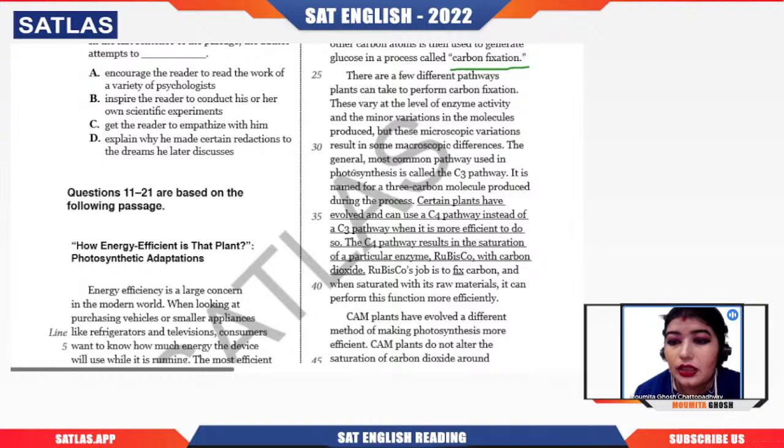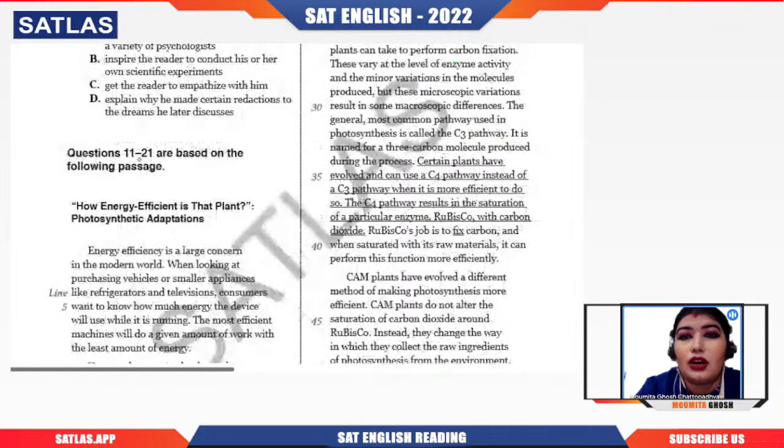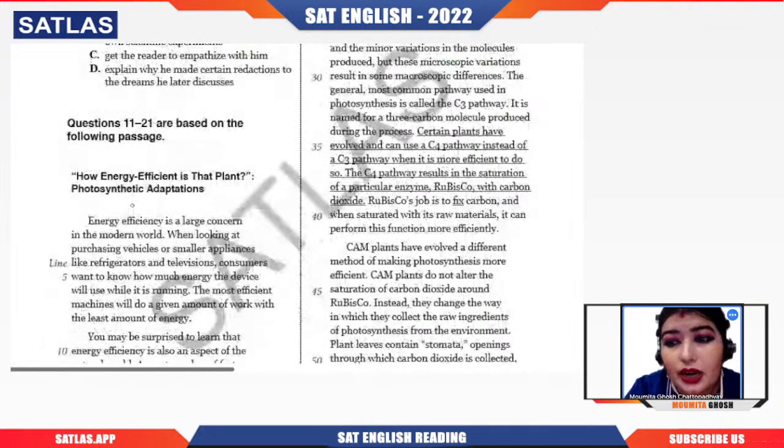The most common pathway used in photosynthesis is called the C3 pathway. C3 is also a molecule of carbon. It is named for the three-carbon molecule produced during the process.